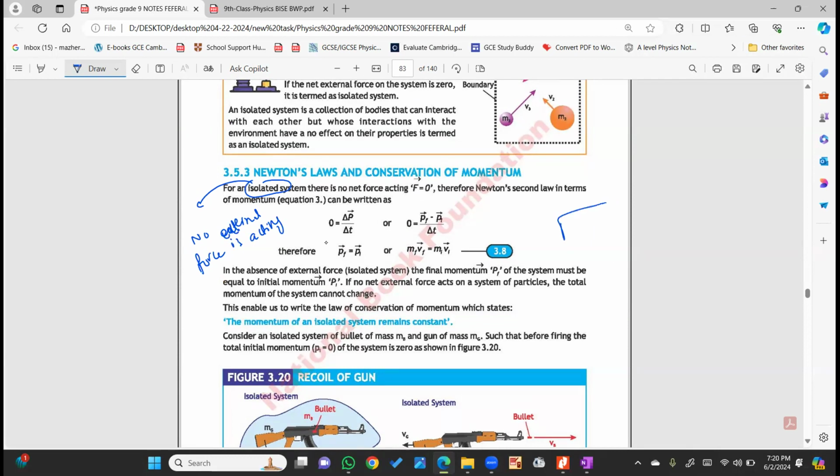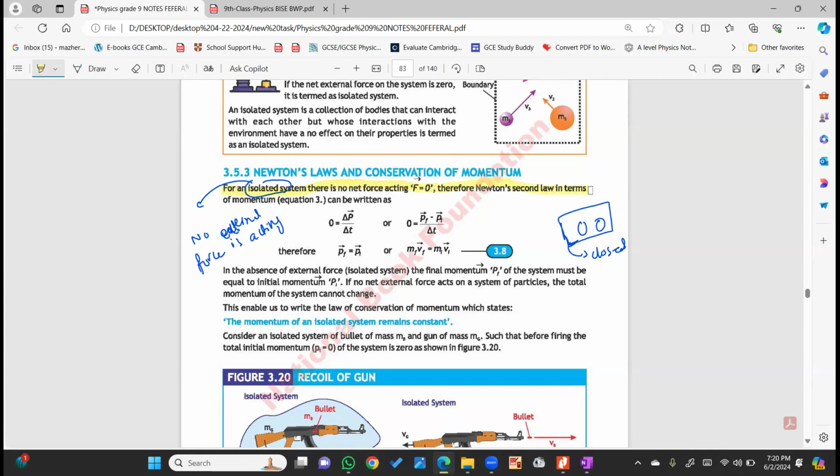For example, if this is the box, we have certain objects in this system and it's a closed system so that no external forces act on it. Such a system is known as an isolated system. They have also written the definition here. For an isolated system, there is no net force acting.